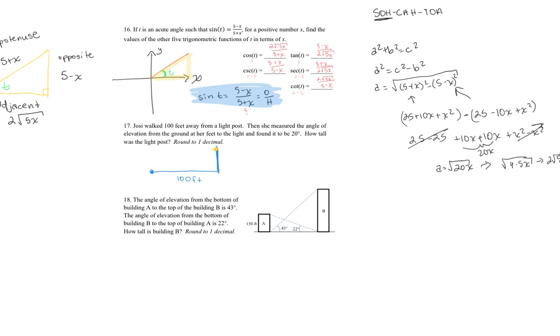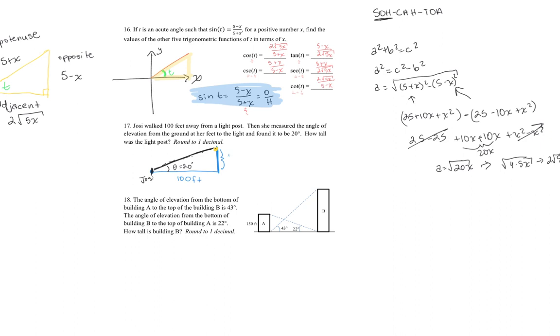And she knows that from her to the top of the lamppost, so this roughly here, there's an angle of 20 degrees, right? So this is Josie. And this is the lamppost. And she's trying to figure out how tall this lamppost is. So she's trying to figure out this height here.